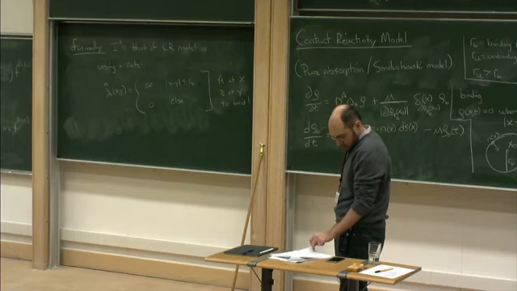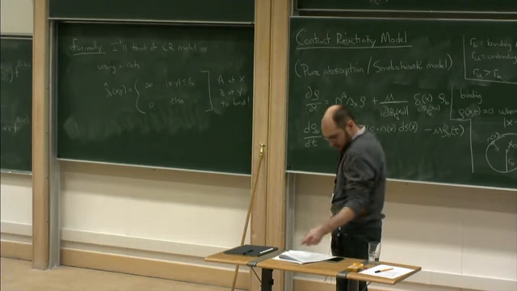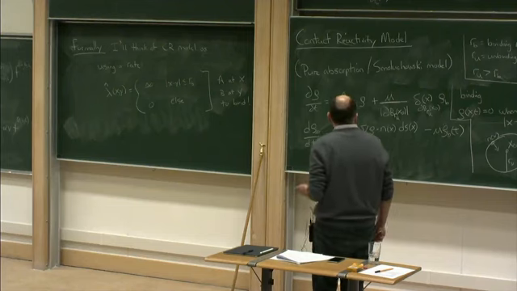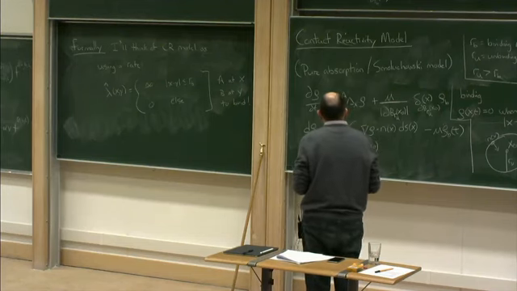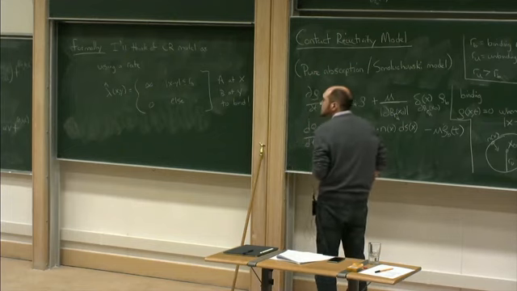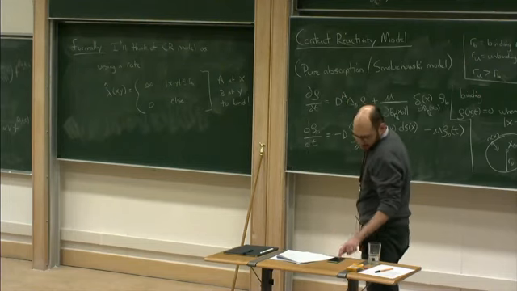So maybe it's worth mentioning the contact reactivity model with partial absorption, just for completeness. I think we've got time for that. Actually, maybe we don't have time for that, not if I want to get to the RDME.